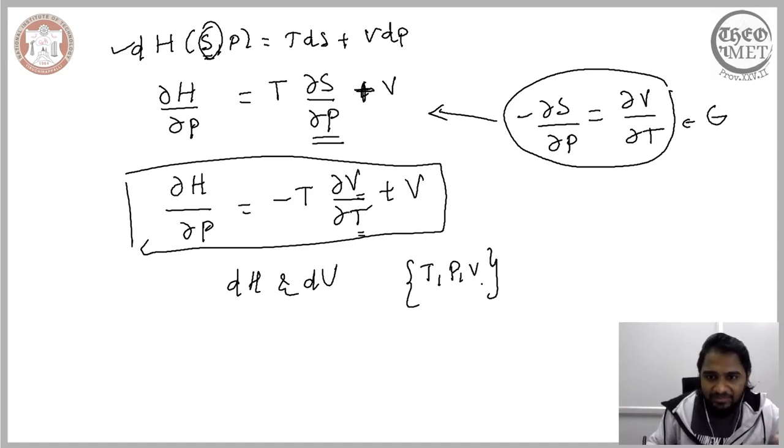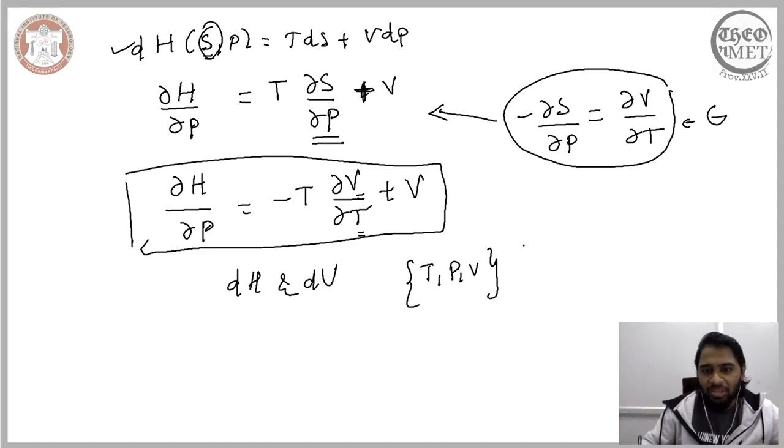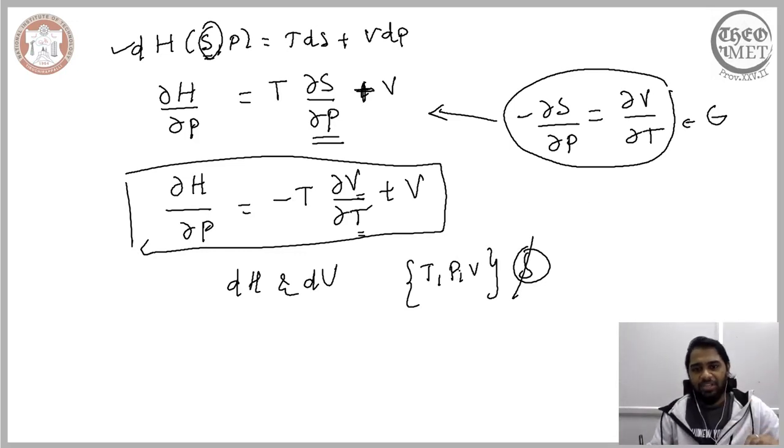And like we stated in the initial stages, we were now able to get rid of entropy as the dependent variable because it is quite difficult to measure.